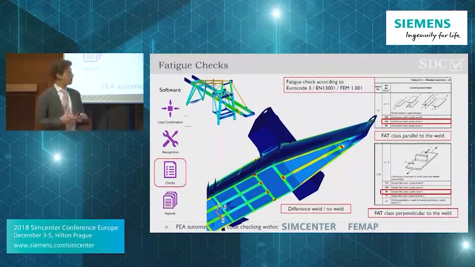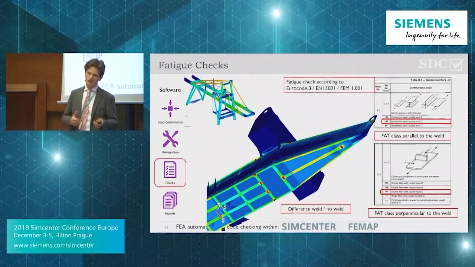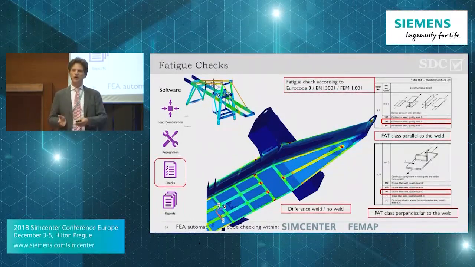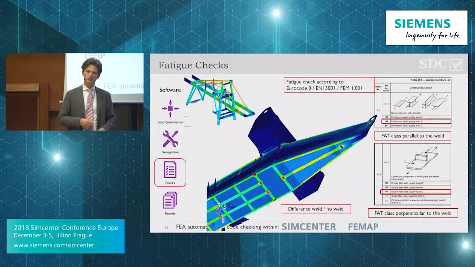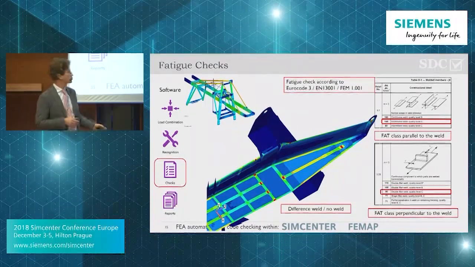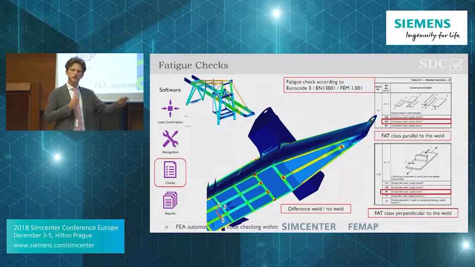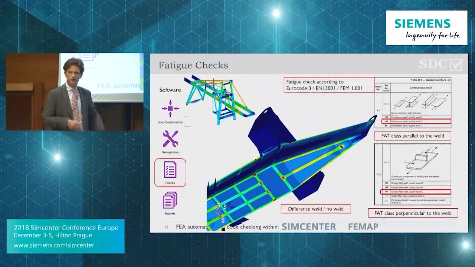Okay. I will go quickly to a couple of examples. You can do, for example, with recognition, a very important thing is that you recognize welds, because there's a difference in fatigue resistance between non-welds and welds, and you can see clearly here how that looks. I have here an example of the fat classes at the weld itself. So it's not only welds and non-welds, but it is also, if I have stresses along the weld, the fatigue resistance is much higher than if I have a stress perpendicular to my weld.